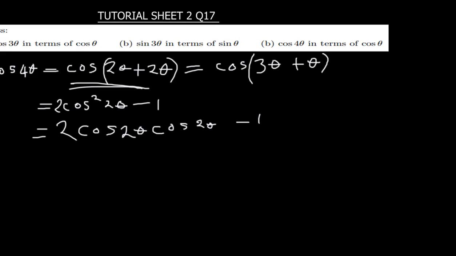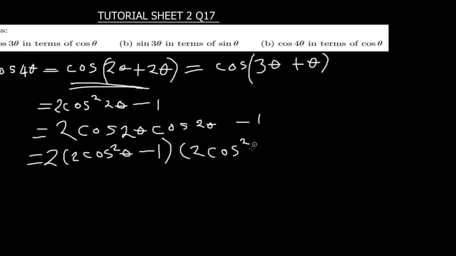So we know that cos 2 theta is nothing but 2 cos squared theta minus 1. This one is very simple actually, than what I wanted to use. So here it's just a matter of multiplying.